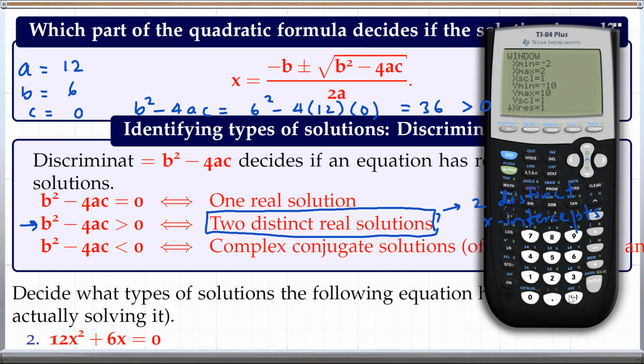So let's put y min to be -2 and y max to be 2. All right, so here we see that we have two distinct x-intercepts. So this one and this one. Those are the solutions to this equation. It looks like this is somewhere around -1/2 and this is at 0. So those are two real distinct solutions to this equation.